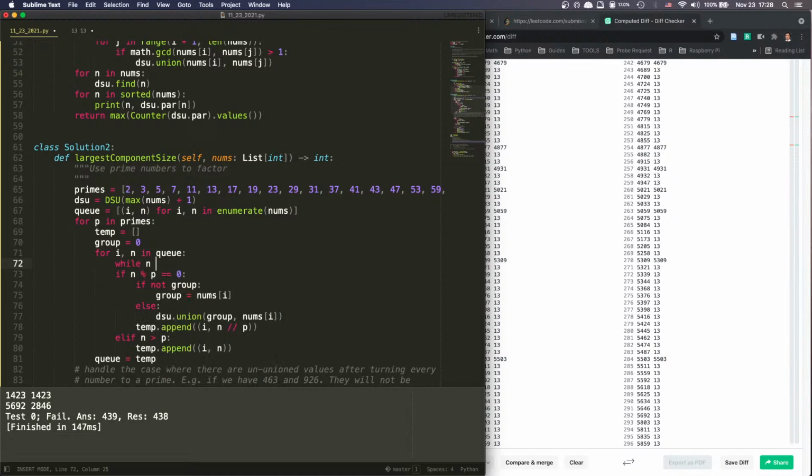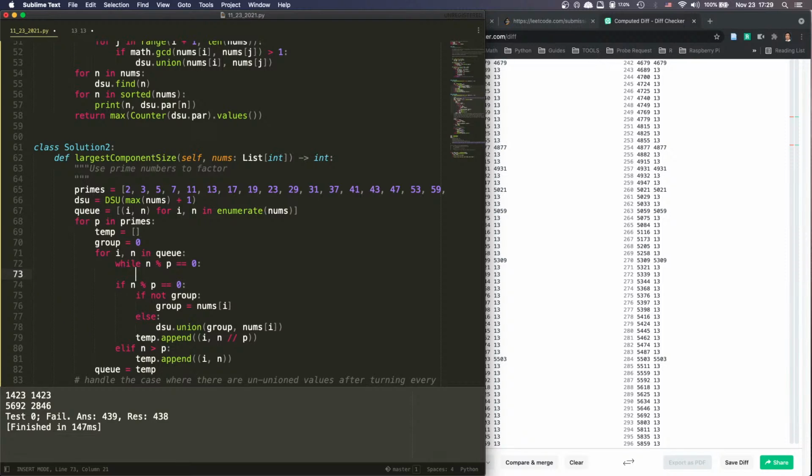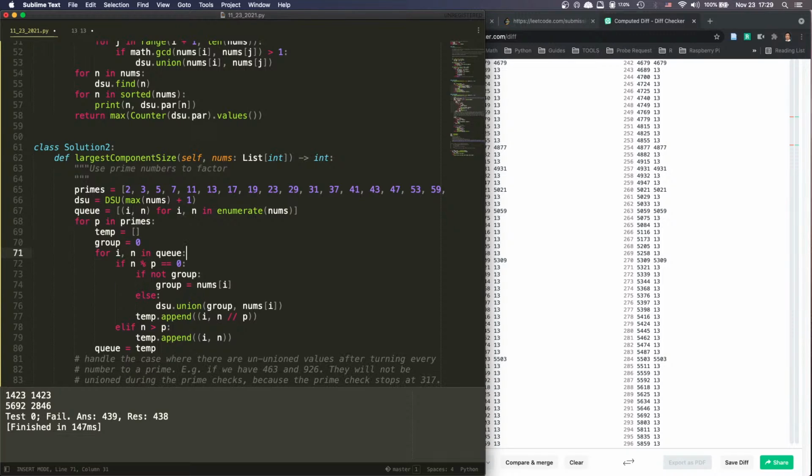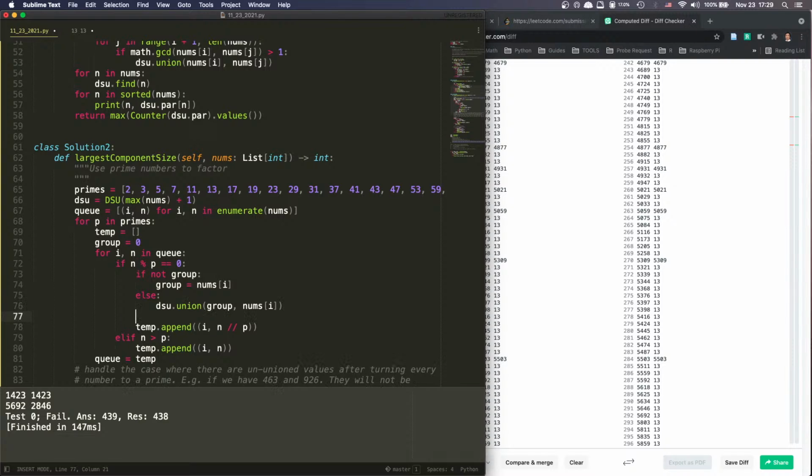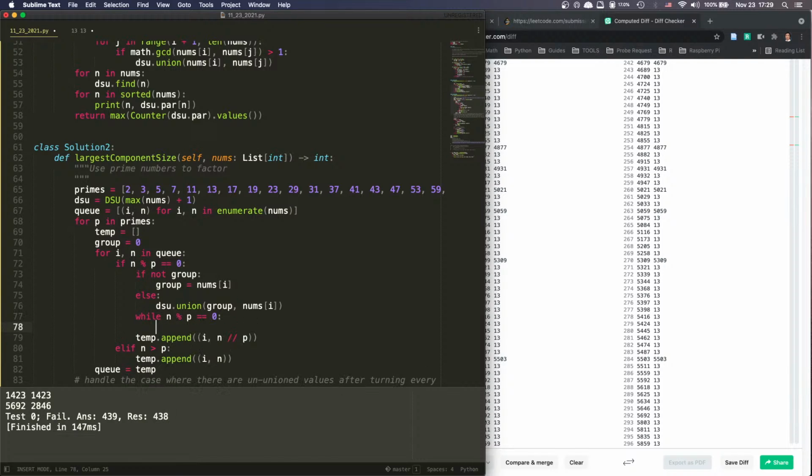How about while n mod p is equal to 0, all right? And then how about this? We say while not n mod p is equal to 0, we do n divided equal p.